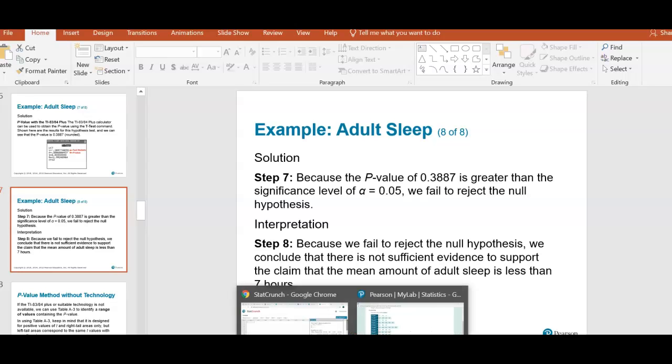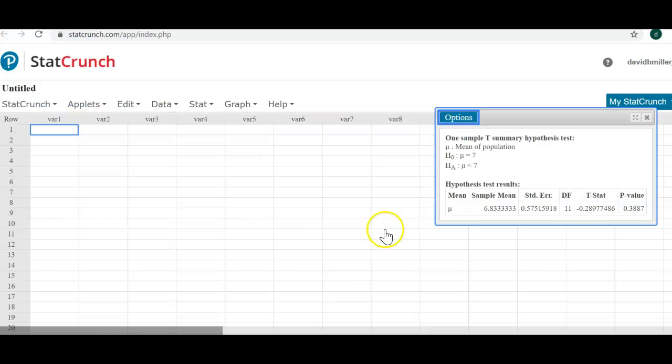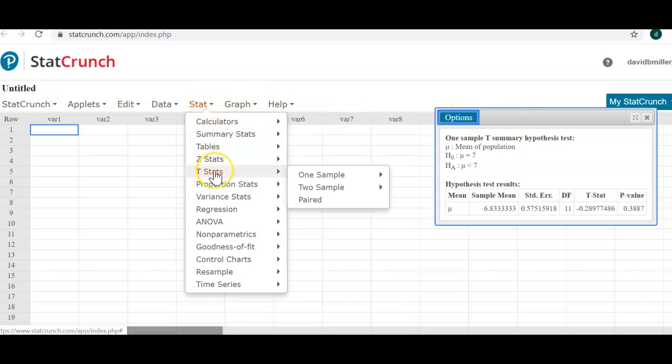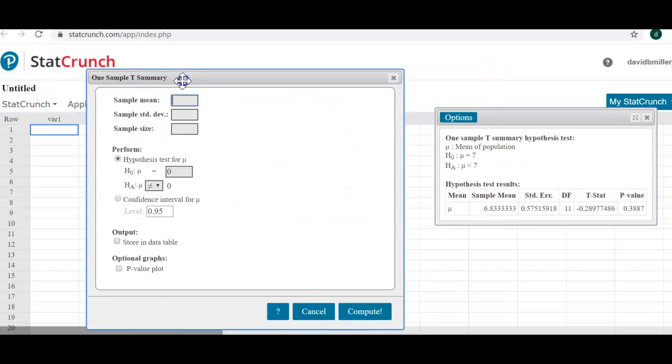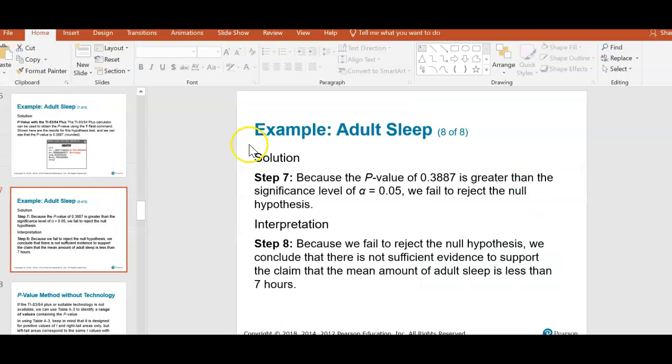So let's go ahead and take a look at doing this in StatCrunch. You go to T Stats, One Sample, With Summary. And our setup here was we had a sample size of 12, a sample mean of 6.833333333, something like that.